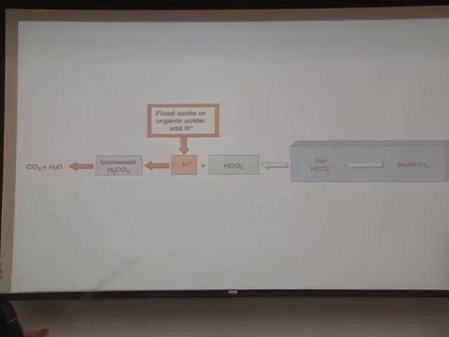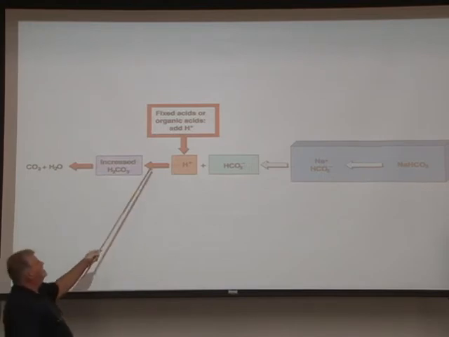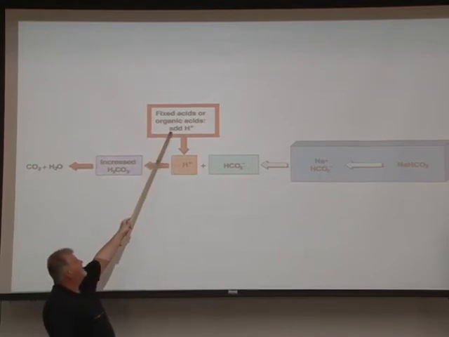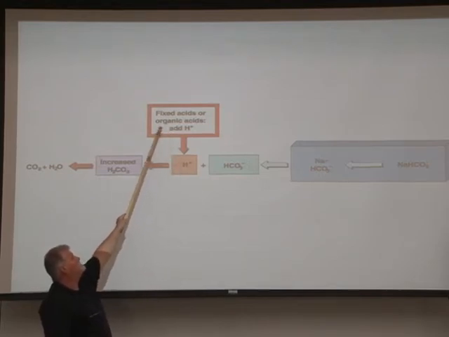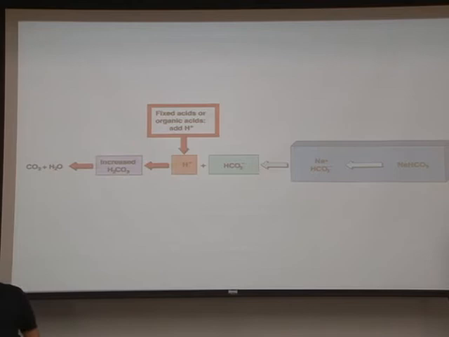So what's going on here is that I've got some acids entering my system from somewhere else. I've got some fixed acids or organic acids. Let's just say a person's been drinking copious amounts of soda pop with phosphoric acid. Right, so we've got this acid.